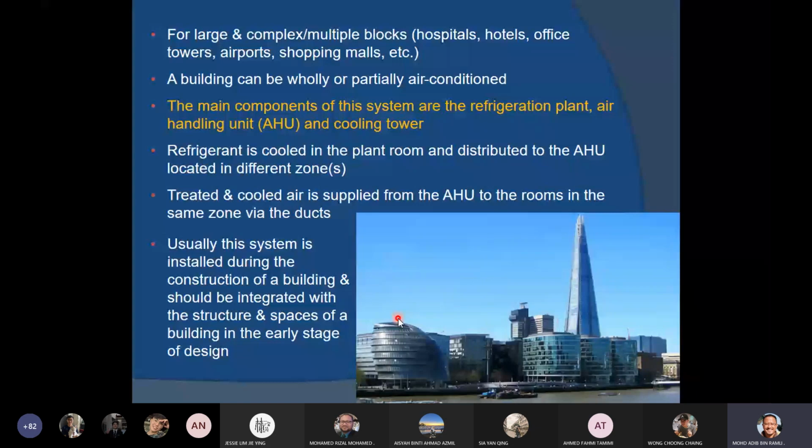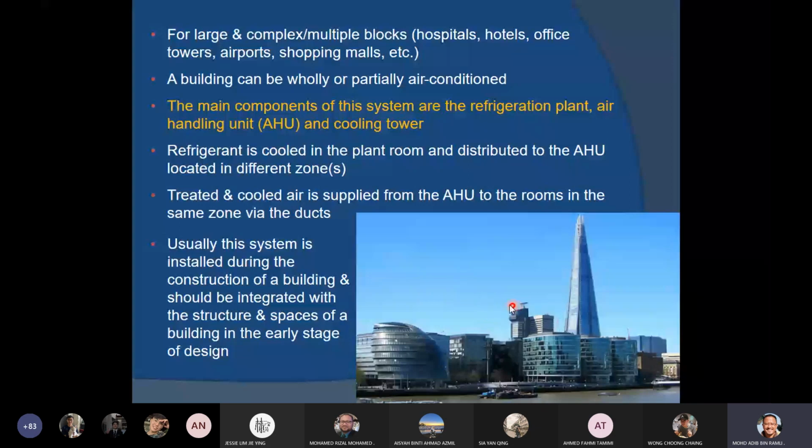The treated and cool air is supplied from the AHU to the rooms in the same zone via the ducts. The AHU room consists of a fan. Later on, I'm going to show you what's inside an AHU room.